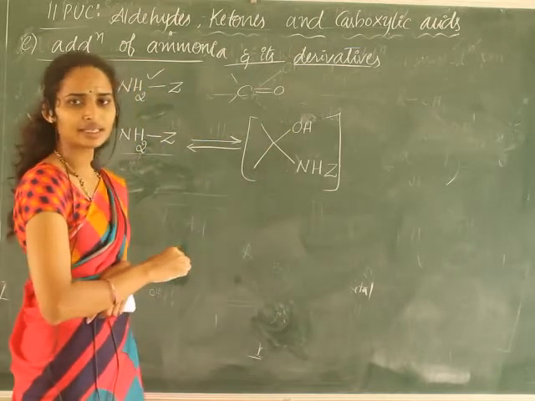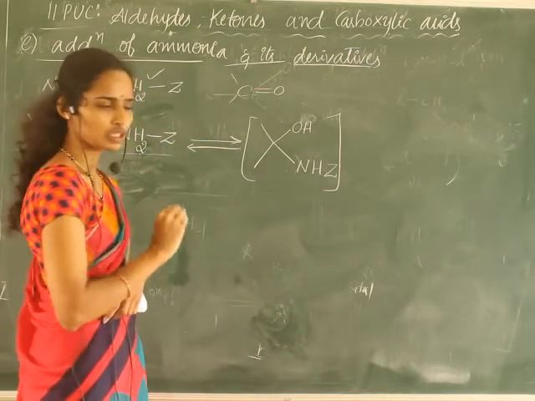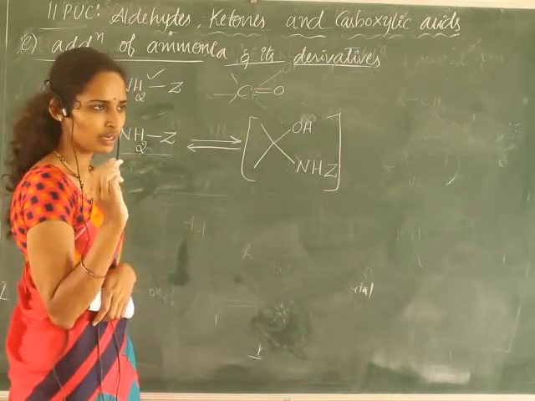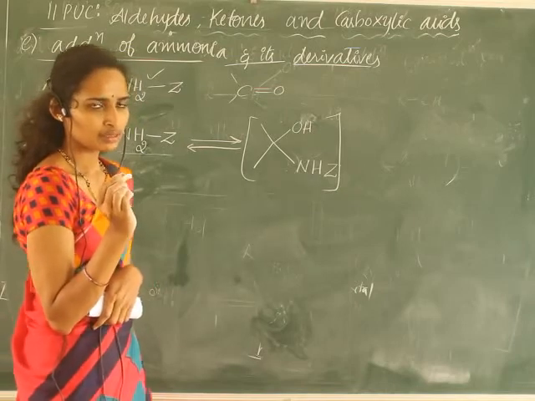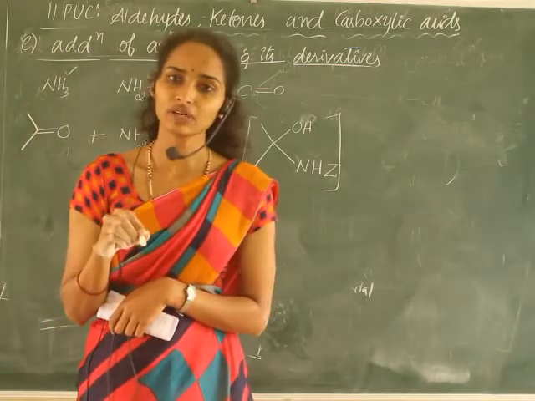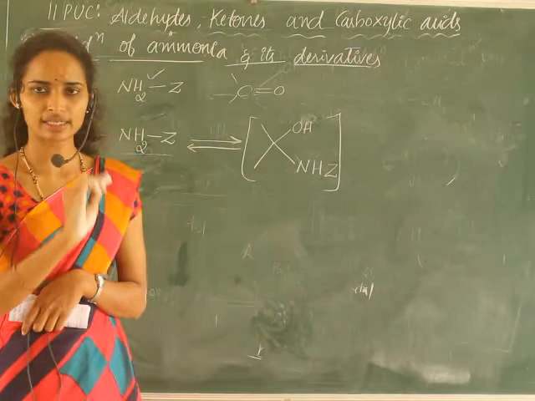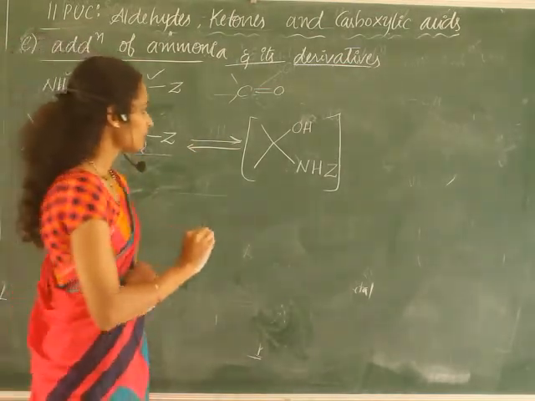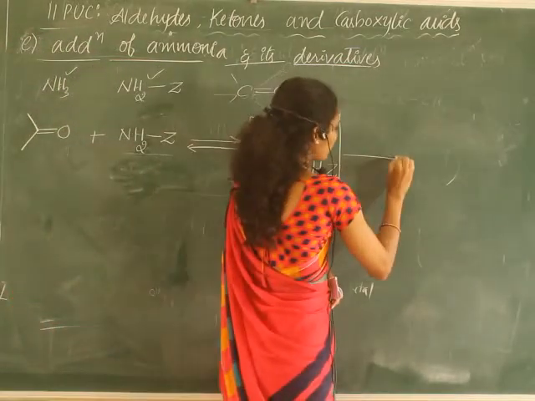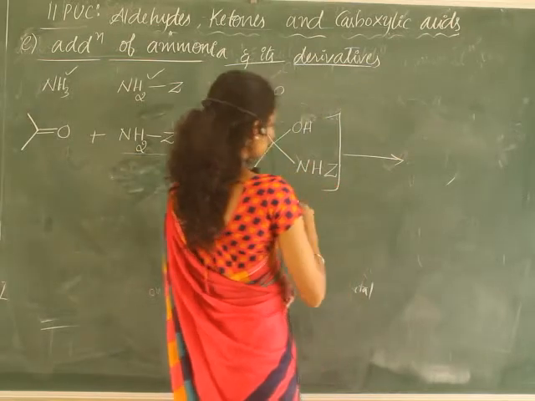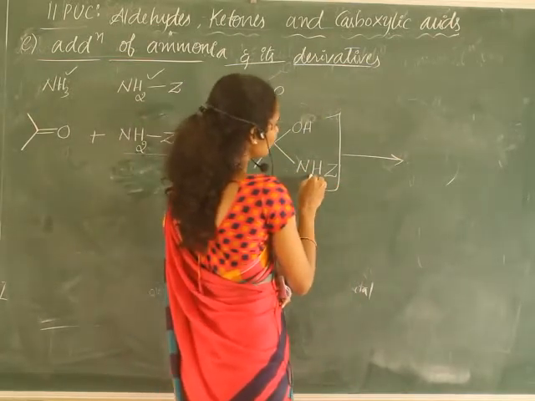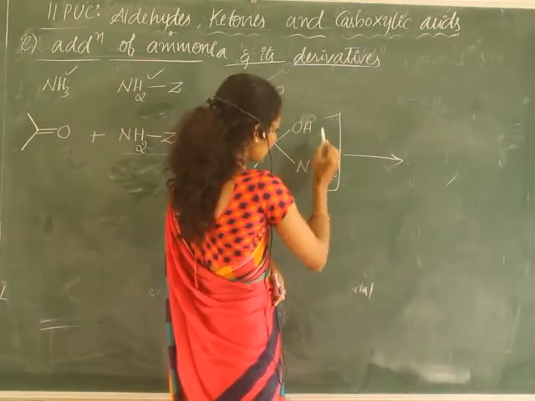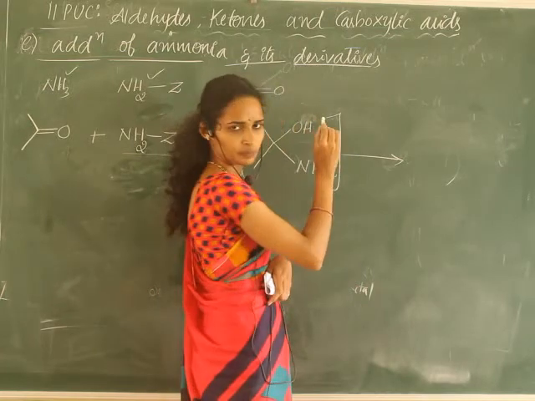This tetrahedral intermediate, right, forms when addition of nucleophile takes place. We already studied the mechanism. This tetrahedral intermediate readily loses water, OH and one hydrogen from here.